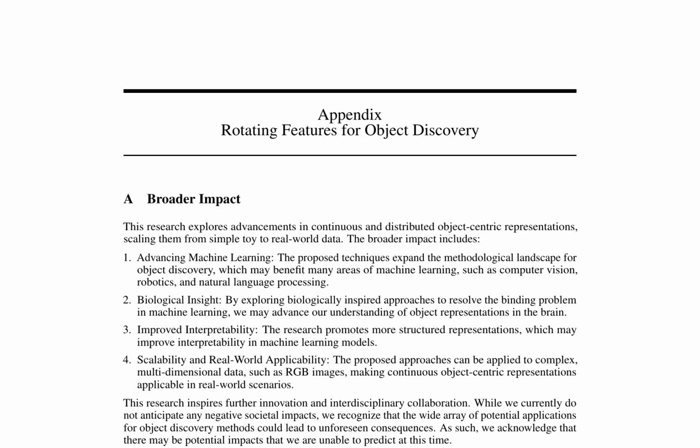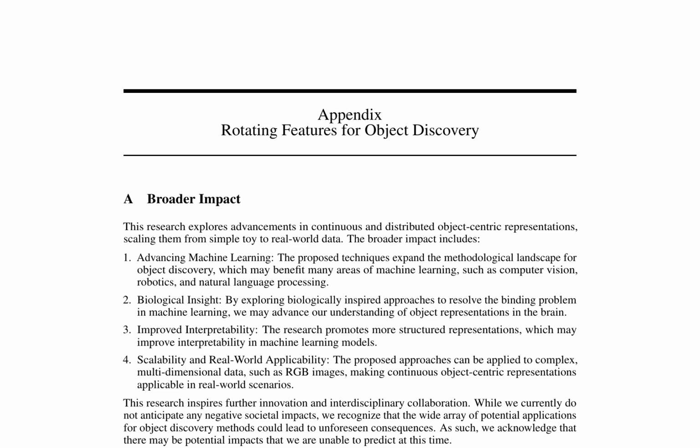The research concludes by highlighting its broader impact on machine learning, potential biological insights, and improved model interpretability. It emphasizes the importance of continuous object-centric representations for complex data, addressing scalability and real-world applicability.